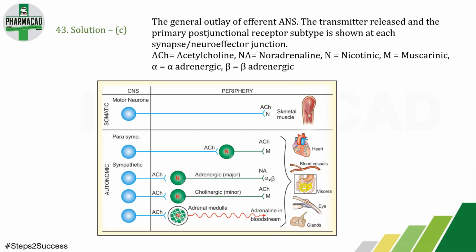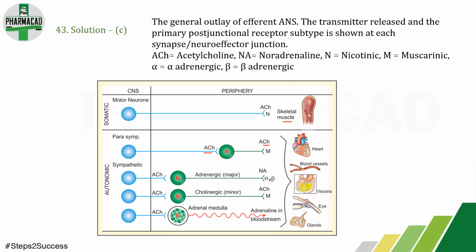So this is a very important chart, or you can say the diagram, for the release of neurotransmitters. The transmitter is released from the preganglionic and postganglionic fibers. So here you can see in the somatic nervous system, as they are acting on the skeletal muscles, at nicotinic receptors we have acetylcholine release. Then in the autonomic nervous system, at the parasympathetic level, the nicotinic receptors have acetylcholine, but the muscarinic ones have acetylcholine too.